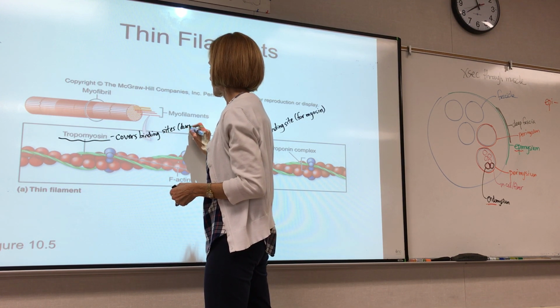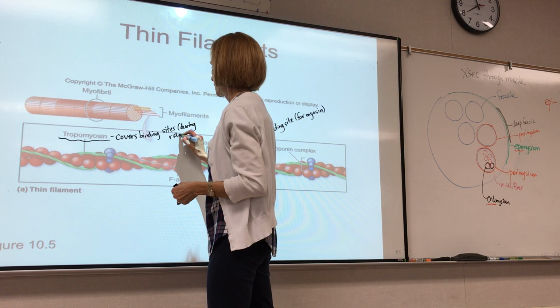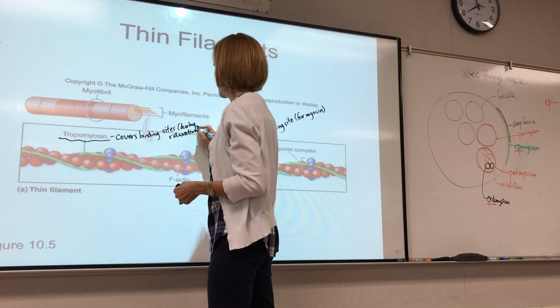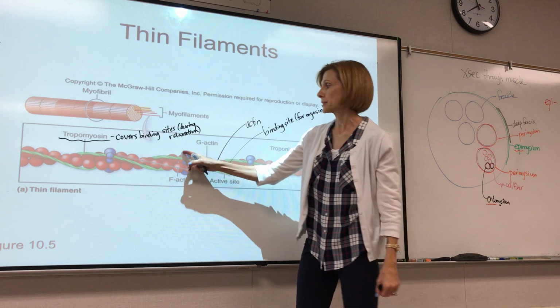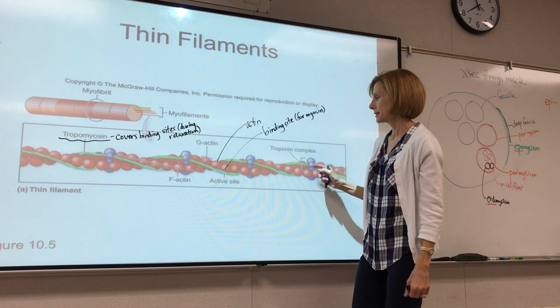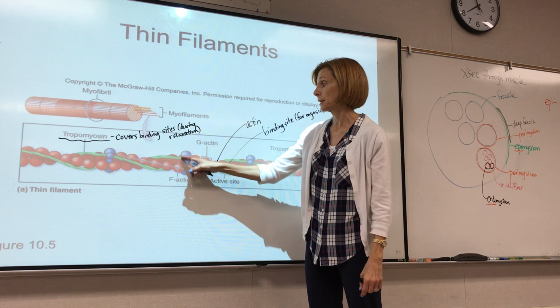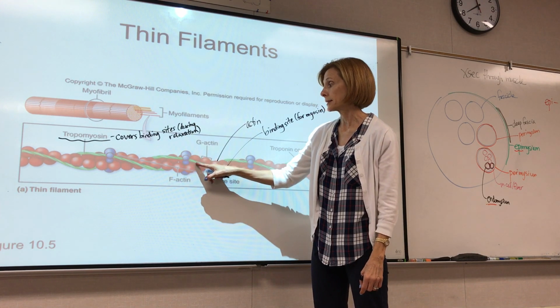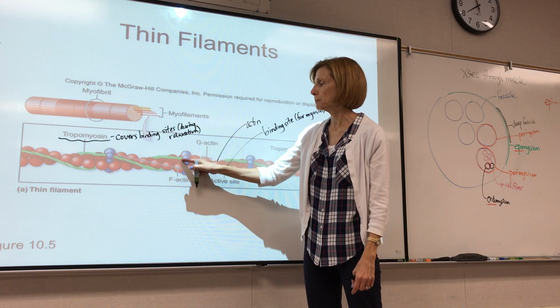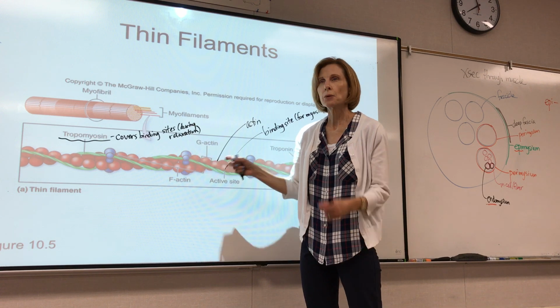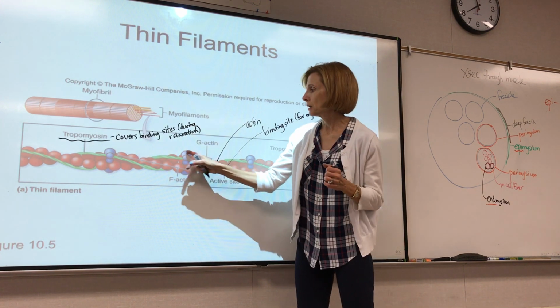Again, this is when the cell is relaxed. You can see how troponin, which is this blue complex, is scattered along the thin filament. Notice its close relationship with tropomyosin. So when calcium comes and binds to troponin, it will change the shape of the molecule.